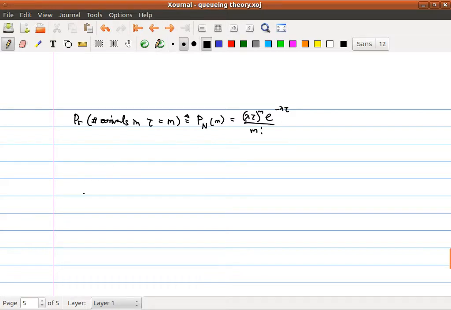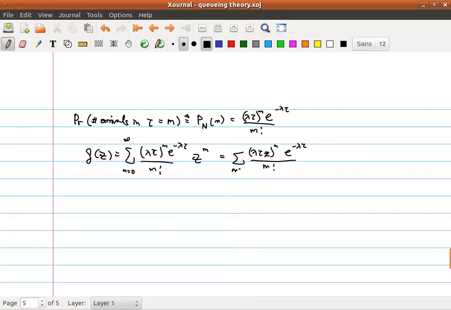So let's denote G(z), that is essentially the Z transform of the distribution: the sum over m equal to 0 to infinity of lambda tau to the m, e to the minus lambda tau, over m factorial, times z to the m.